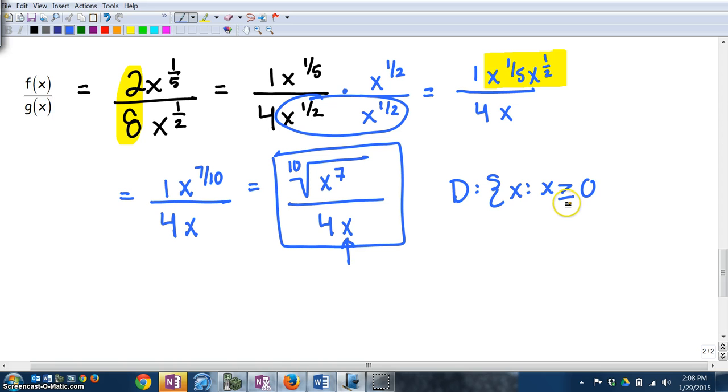We're saying x is greater than or equal to 0. But now that we have a fraction, if x is equal to 0, you get an undefined answer. So we need to take away this equal to. And now x can only be greater than 0. It has to be greater than or equal to because you have an even index. But because we now have a denominator, we cannot have 0. It just becomes greater than 0 for your domain.